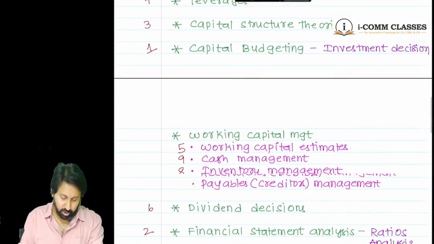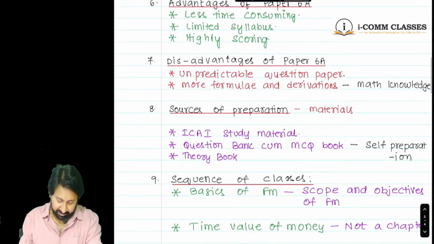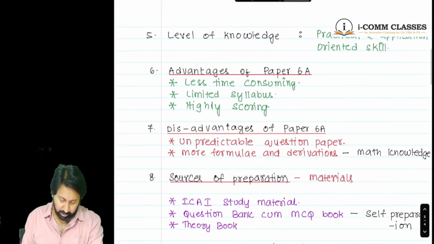After this, sequence of classes, you know already, we already told. Okay. So this you need not write. Sequence we can change. Up to the sources of preparation you write down.